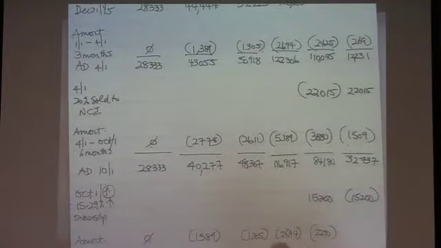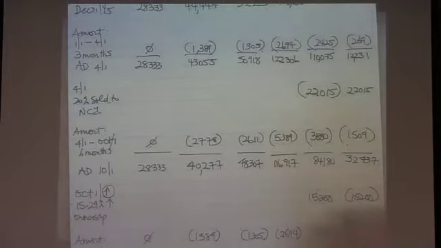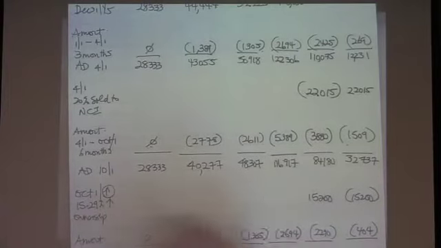So again, now 85% of this belongs to Regent, and 15% of that goes to non-controlling interest. And this is the December 31st, year 6, AD.